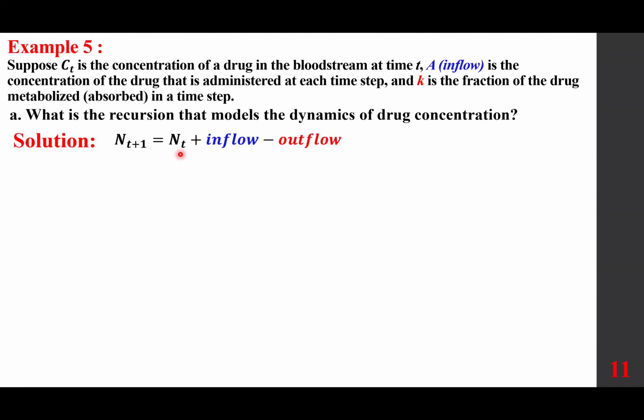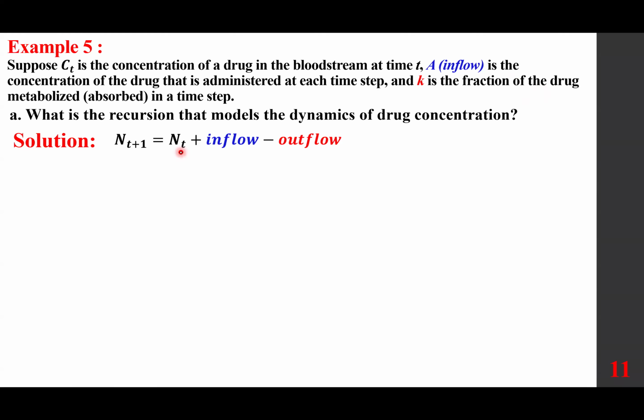A patient has some medication in the body. That is the previous one. We are adding so much, the inflow, and we are taking some out. So first of all, we're going to change this to C sub t plus 1. This becomes C sub t, inflow plus A. But what is the outflow? K is the fraction that is gone.